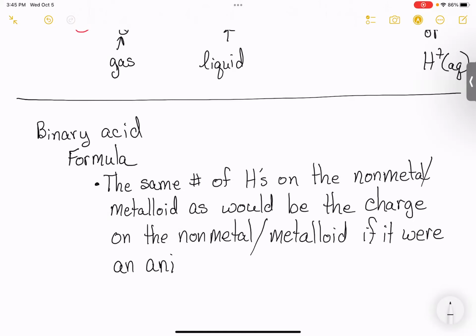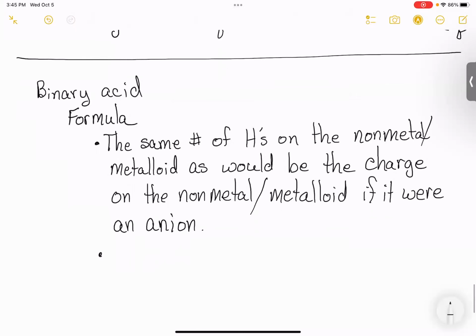Or an anion, I suppose, would work. The other part of the formula is that the formula will have AQ at the end.